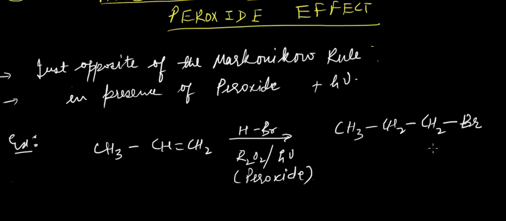This is the product formed in anti-Markonikow rule. But in the Markonikow rule, you would have seen that the Br would have attacked this carbon atom, because the carbocation would have formed on this carbon. So let us take a look at the mechanism of anti-Markonikow rule.